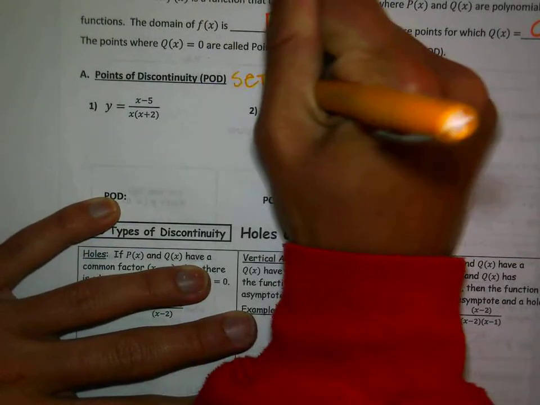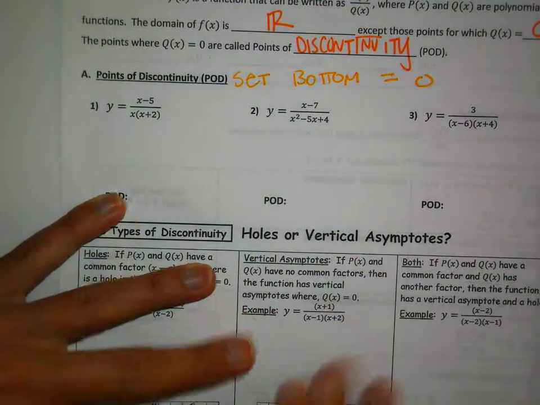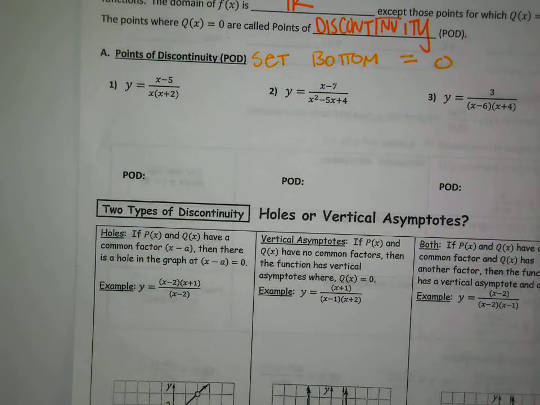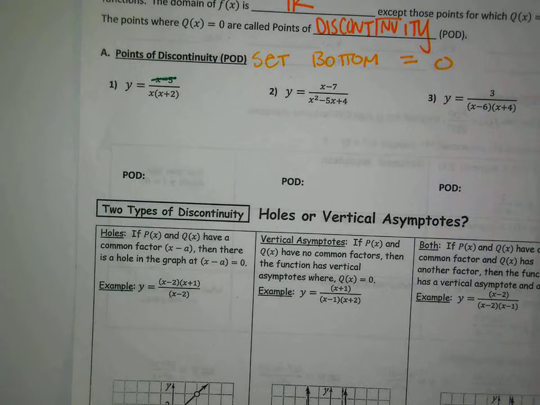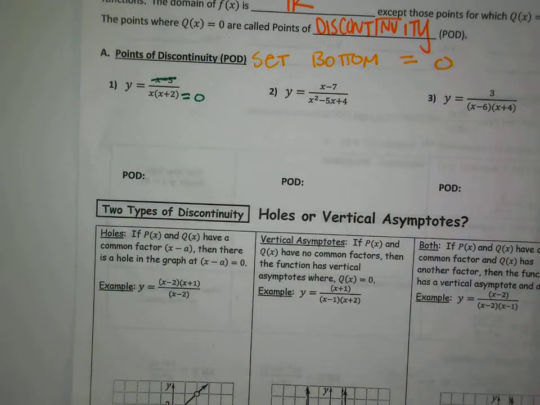We are going to set the bottom equal to 0. So I'm ignoring the top. Top doesn't matter. All I'm concerned about is the bottom, because that's going to tell me the points of discontinuity.